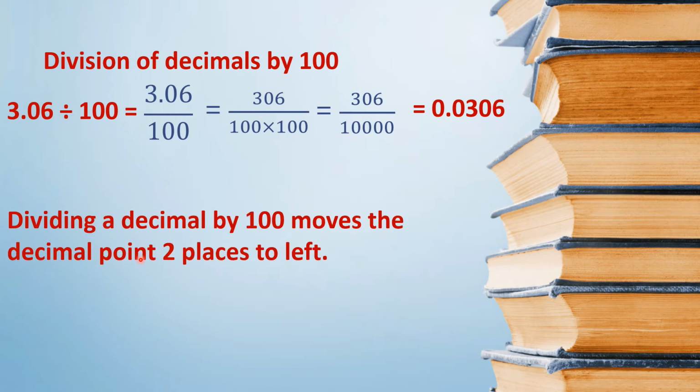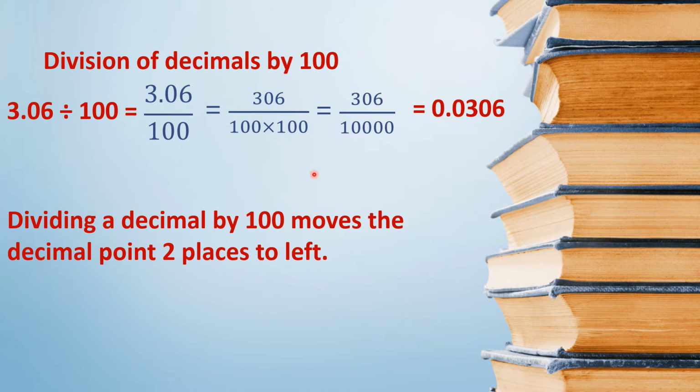The conclusion is that dividing a decimal by 100 moves the decimal point two places to the left. How? Just see here. Here the decimal is after two decimal places, and when we divide by 100, the decimal moves towards the left two places and it will be here now.